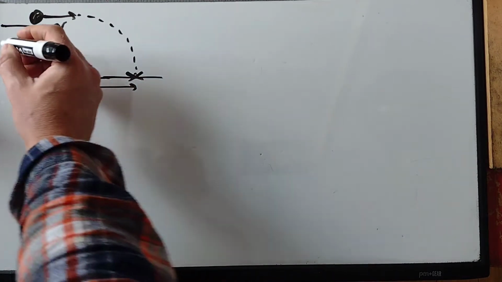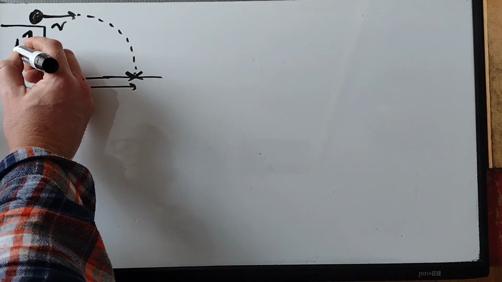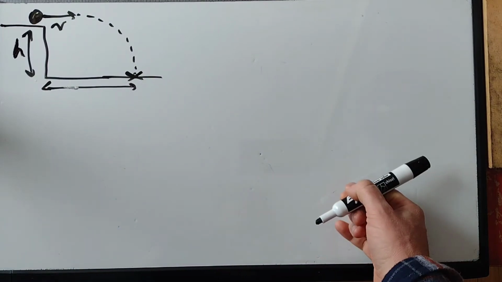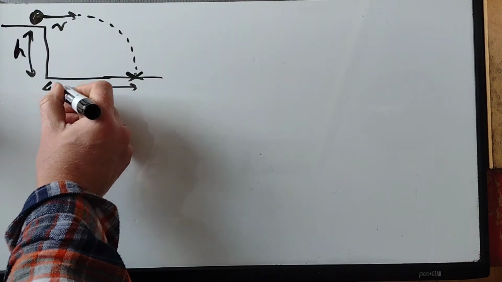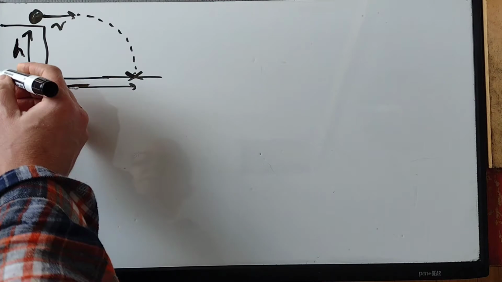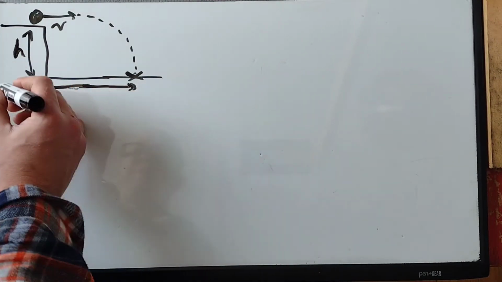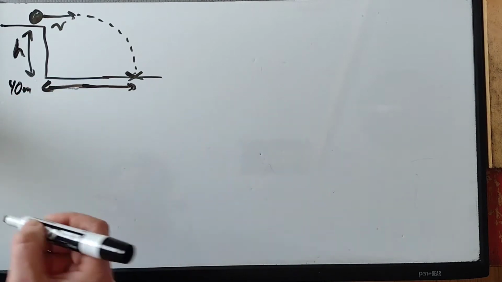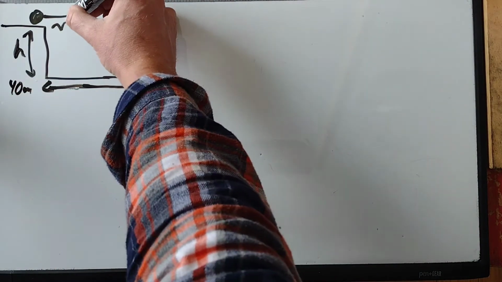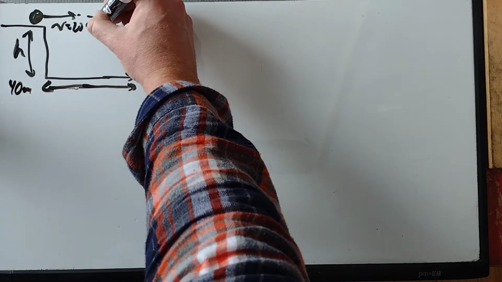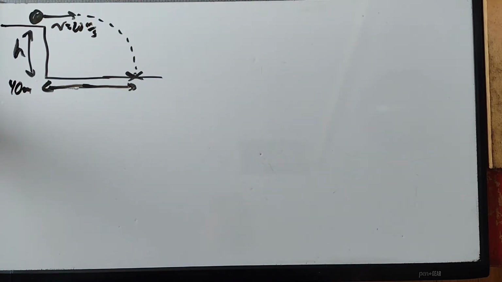Now, the height here is the height from whatever it's dropped, all right? Let's put some numbers on it to make things easy. Let's say this is a 40-meter high hill. Let's say I launch it at 20 meters per second here, all right?